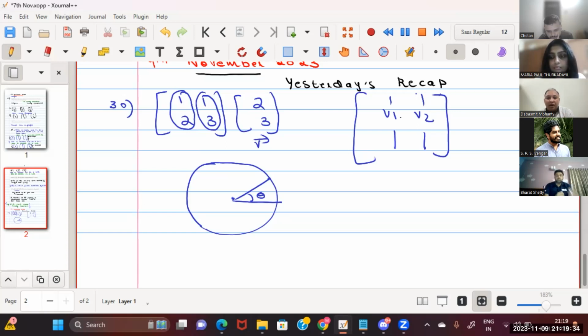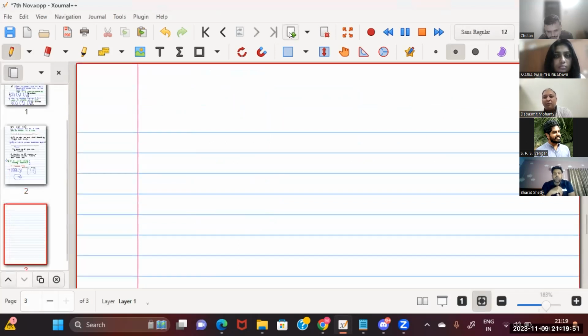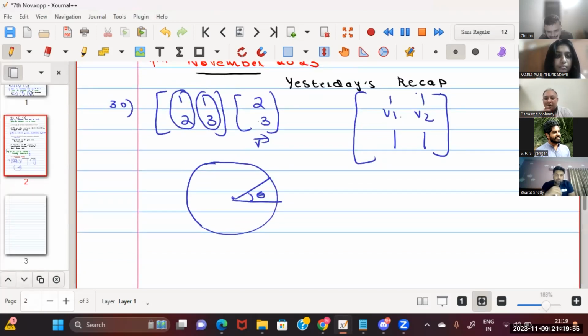So we all know a vector in this two-dimensional space is going to be 2 cross 1. So can we write 2 cross 1 as 2, 3, right? It's of shape 2 cross 1. So we fundamentally know we have to take a vector which is 2 cross 1 and we apply a matrix, and the resultant vector also will be in R2, which will be 2 cross 1, right? So that means 2 cross 2 multiplied with 2 cross 1 will give us a 2 cross 1.